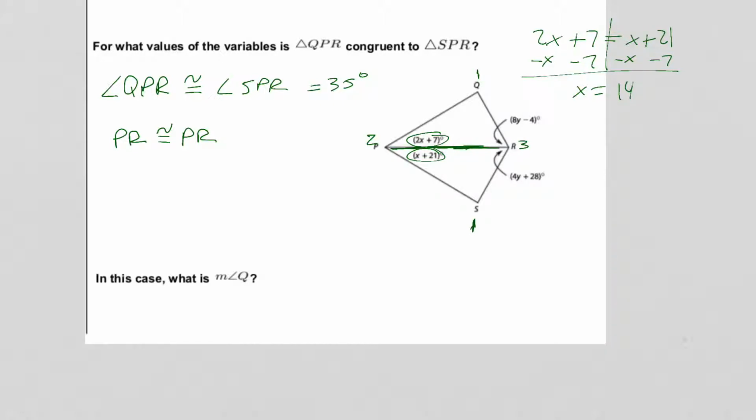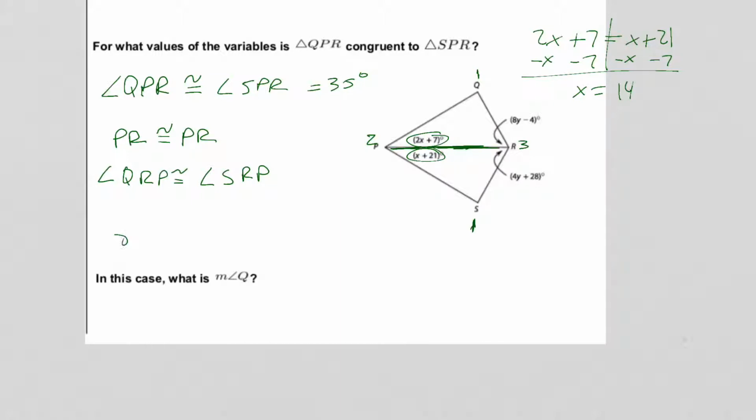And this last one, we have to set these two. We would need angle QRP to be congruent to angle SRP.